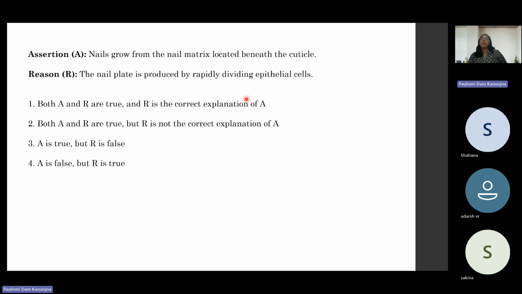Right? So try to remember your layers, they are important. Okay. We did hair. We haven't done nails, so this is one question for nail. So nails grow from nail matrix located beneath the cuticle. And the reason for that is the nail plate is produced by rapidly dividing epithelial cells. What do you think? Is this correct or incorrect?